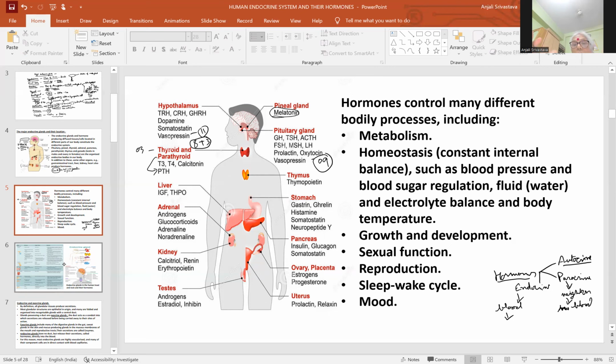Liver, so अभी हमने देखा था large endocrine glands.